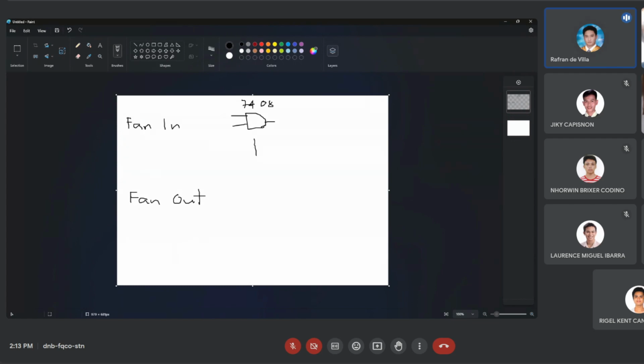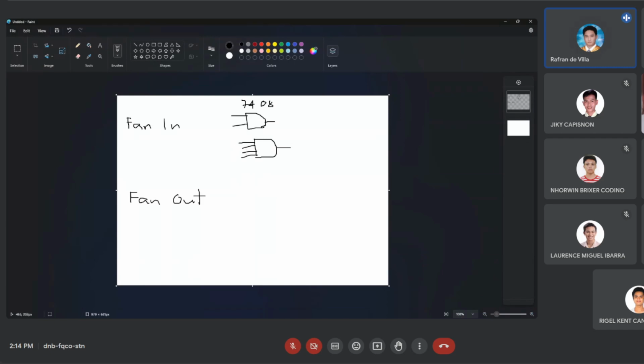Villa Campa, how many fan-in? Four, sir. Four. Okay. So that's the concept, guys, of fan-in. Most of our digital ICs that we use are two-input, so they only have a fan-in of two.